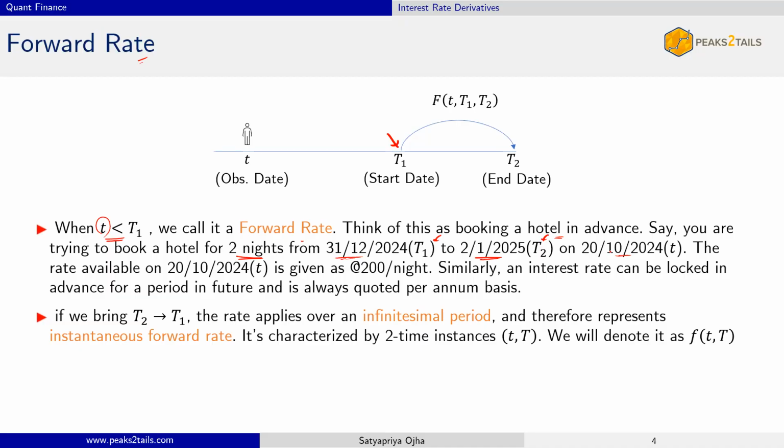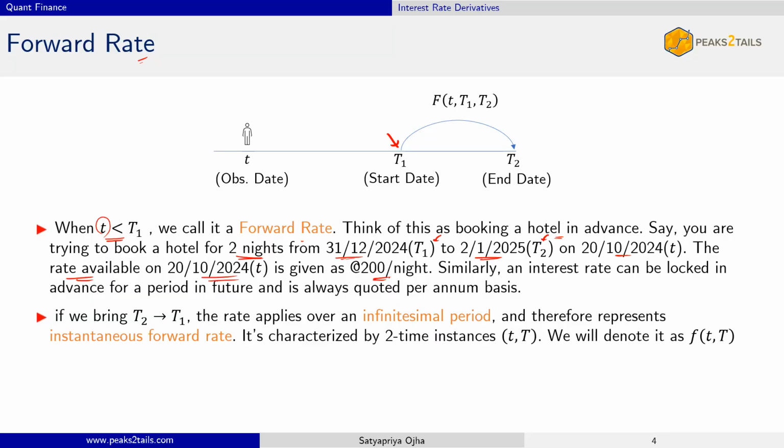Now you go to any website, Make My Trip or booking.com, wherever. If you're trying to book the hotel today for the 2 nights in future, you will have some rate. Let's say the rate that you observe today on the website is $200 per night. Per night, that is important. $200 per night, so your overall cost would be $400 because it's 2 nights.